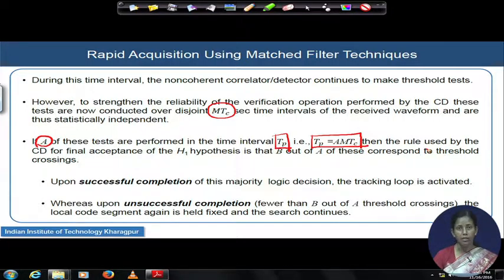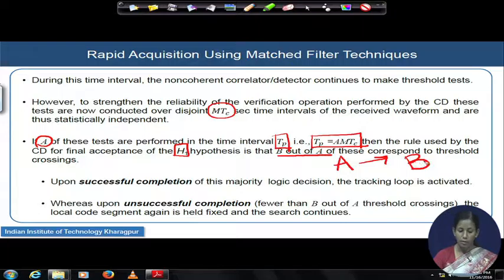Then the rule used inside the CD for final acceptance of the H1 hypothesis, that there is a hit, is that B out of A of these tests correspond to a threshold crossing. So when the CD declares a hit, the algorithm says that I have run the test capital A times, and out of that capital A times, capital B times I have seen that the correlated output has crossed the threshold level eta.